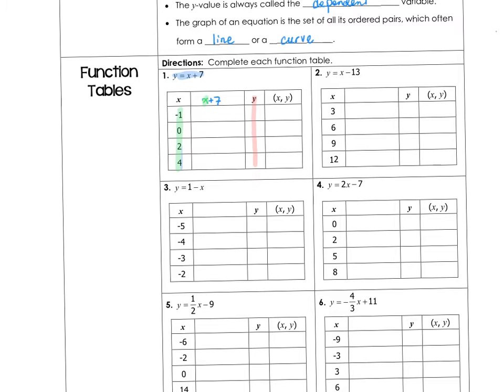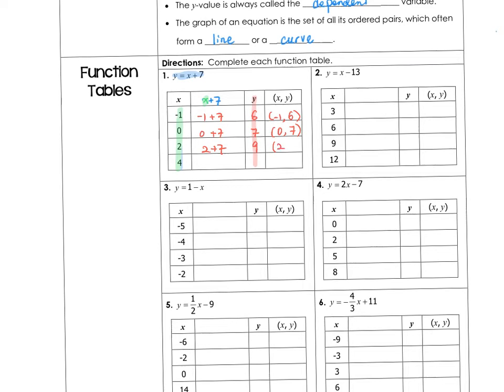So let's see. When x equals -1, you plug it in and arrive at 6. -1 plus 7 is 6. So if I write it in my ordered pair format, it's (-1, 6). Then next, when x equals 0, 0 plus 7 is 7. So now I have (0, 7). 2 plus 7 is 9.